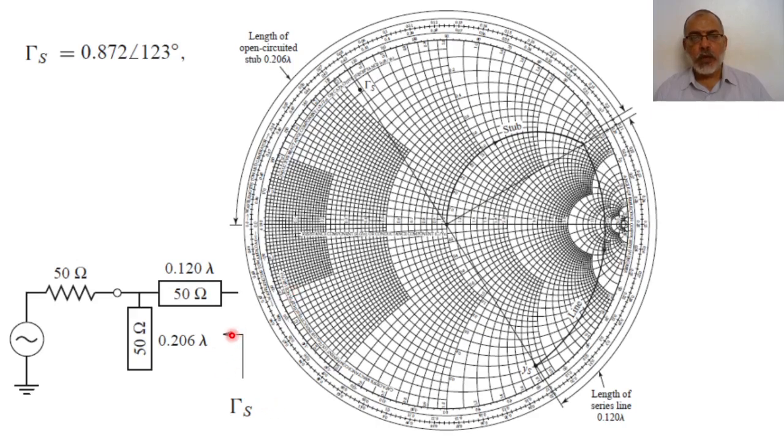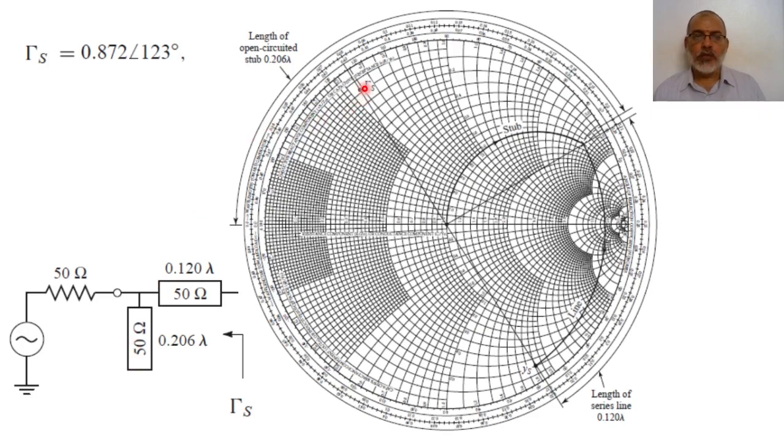Effectively, the location of gamma source corresponds to the input impedance seen by the transistor if I'm looking towards the source. So effectively, this is Z input from the source. If I'm going to use a parallel stub, it is preferred to use the admittance, not the impedance.